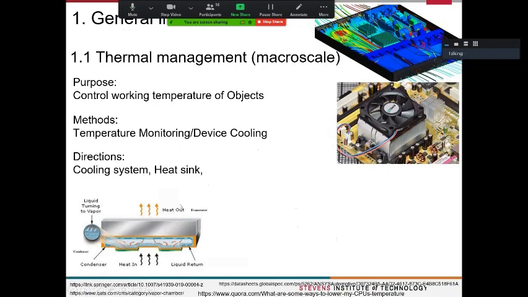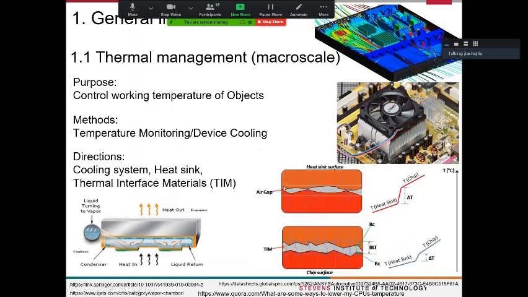But in my project, the topic is thermal interface materials, shortened to TIM. As you can see from this figure, when there are several surfaces, between them there tends to be some air, which is also called contact resistance. Because of it, there will be a temperature difference.